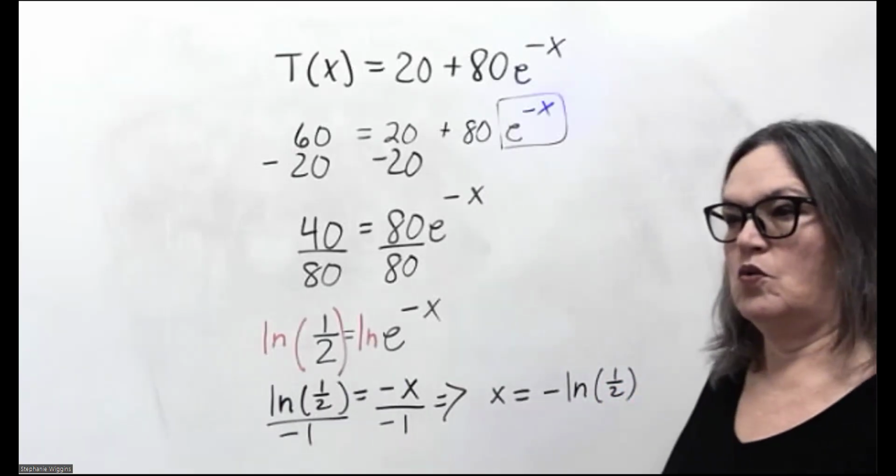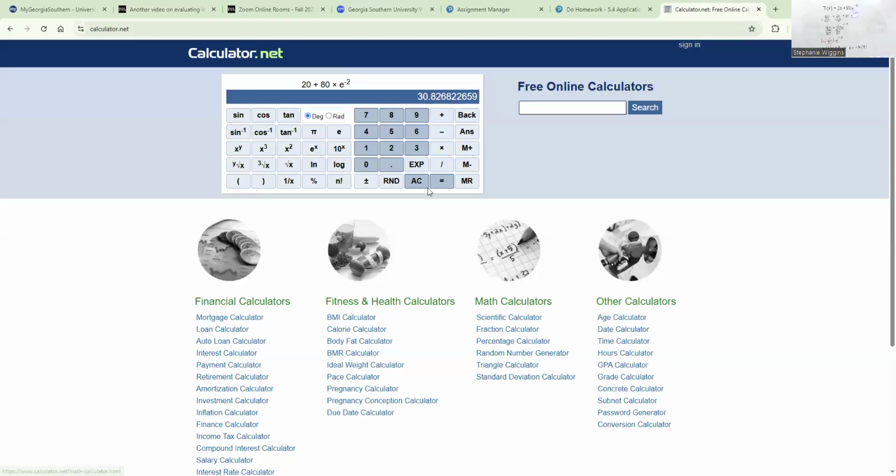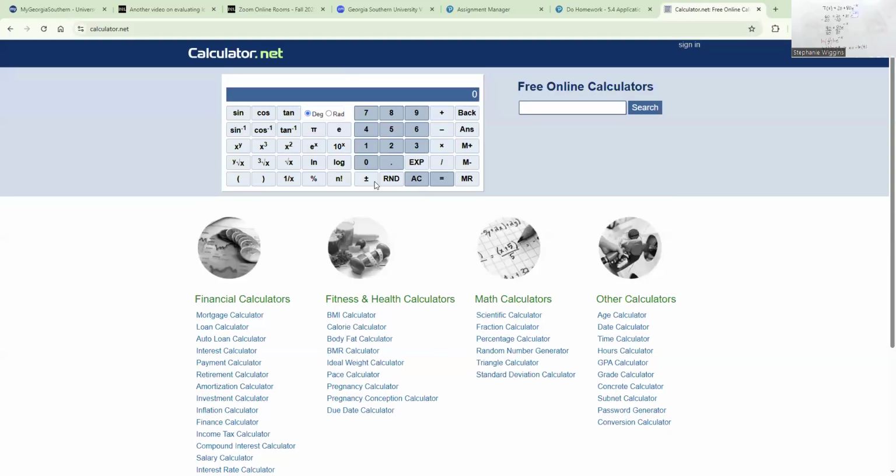Okay, so doing that on my calculator. I have a natural log of 0.5, which is 1/2. And then I want to take the negative of that. So the answer then is 0.69.